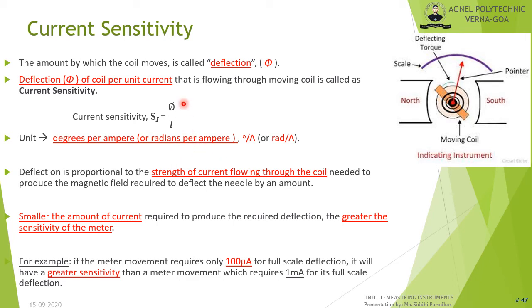Deflection of the coil is directly proportional to the current which is flowing through the coil. Thus, smaller the amount of the current, larger will be the sensitivity of the meter. For example, the meter movement which requires 100 microamperes of the full-scale deflection current will have greater sensitivity than that of the meter which requires 1 milliampere for its full-scale deflection.